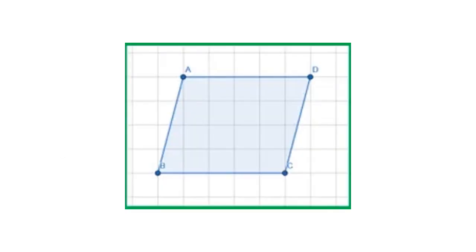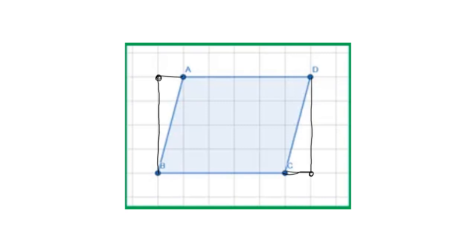Now, another way that we could show the area of this parallelogram is by using the takeaway method that we talked about before in class. One way that I could do it would be to put these vertices in and then drop this down and over, drop this down and over.